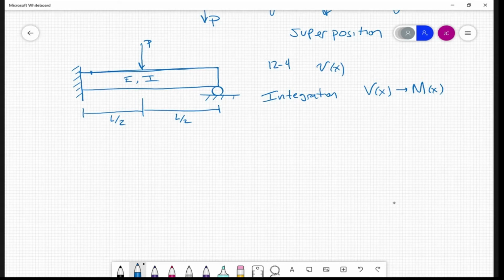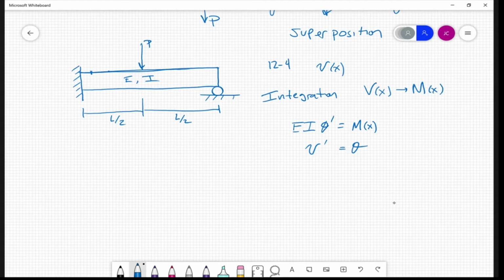And then we know that EI times the derivative of the slope curve equals the moment curve. And then the derivative of the elastic curve is equal to the slope. Okay. So we do two more integrations.